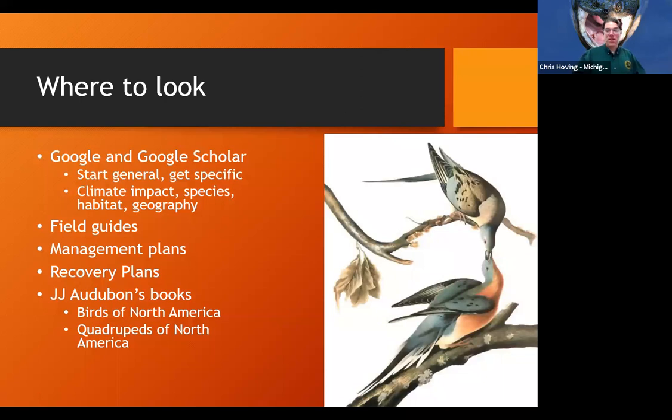But he also was a keen naturalist and interacted a lot with the scientists and other naturalists around the country. And so his books also usually have a couple page summary. Birds of North America has a couple page summary of the life history characteristics of these animals. Most of it is really quite accurate. There are a couple things you need to take with a grain of salt, but most of it is quite accurate.